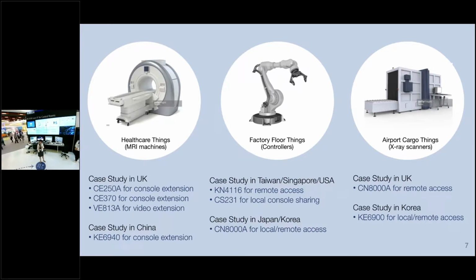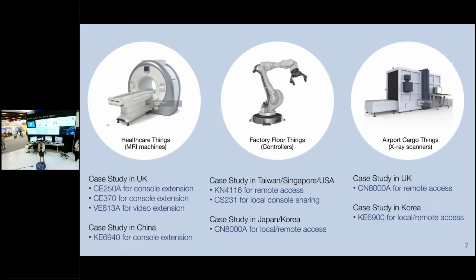Okay, so these two cases, the first one is in the UK. It's the X-ray scanner manufacturer, the maker. So they bundle our CN8000A for their remote access solution. And then the second case happened in Korea, at Seoul international airport.